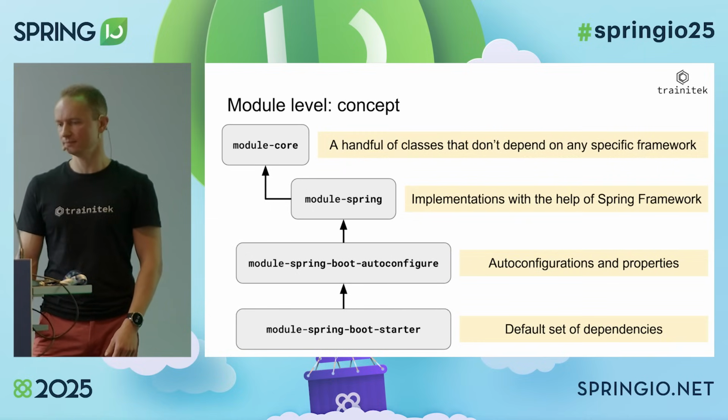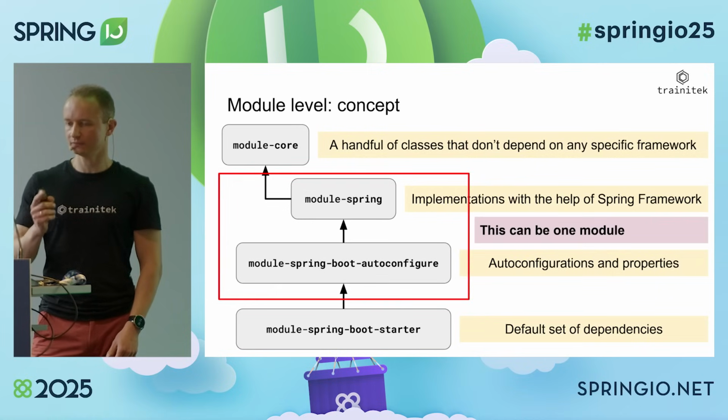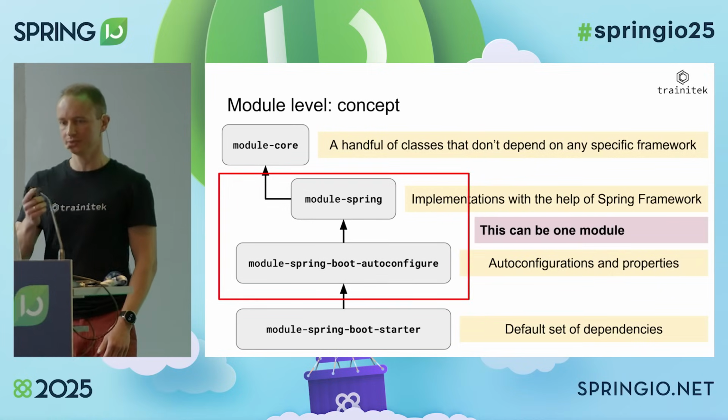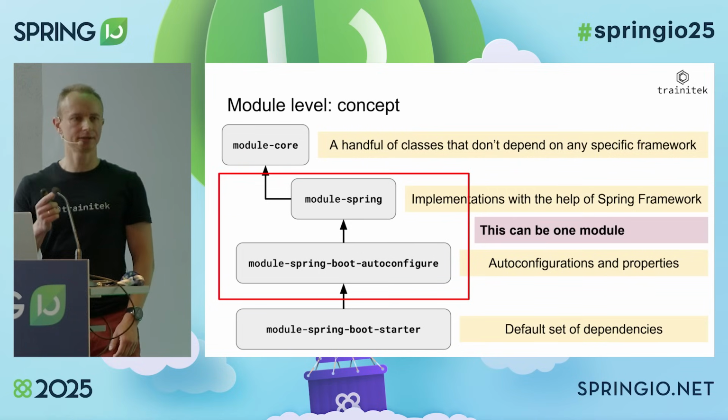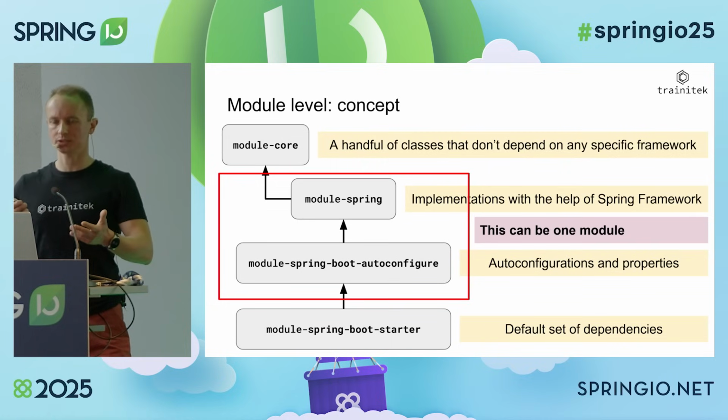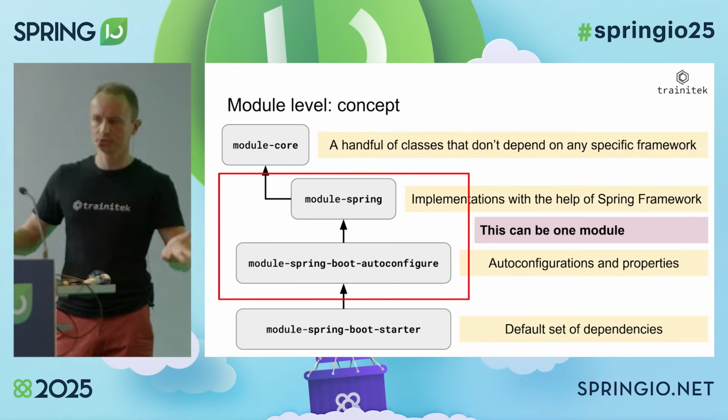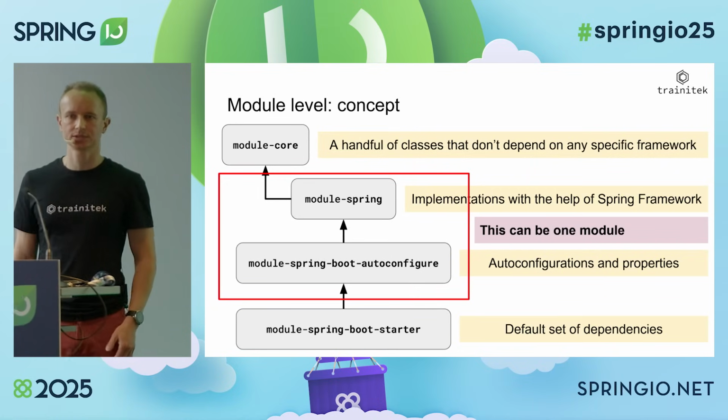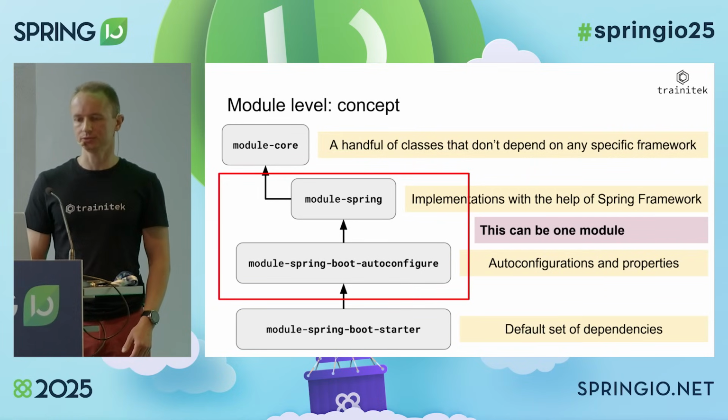Yeah, the module file. Then we realized that actually Spring and Spring Boot auto-configure can be one module. You can think about it as well. So maybe you can just put it in one module, and it doesn't matter to split it into two modules.